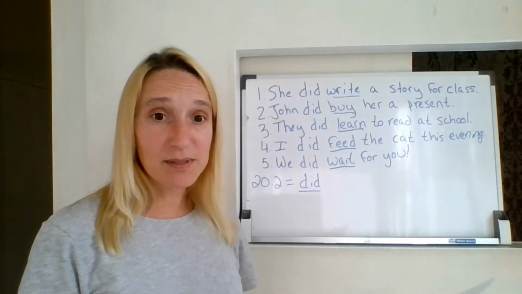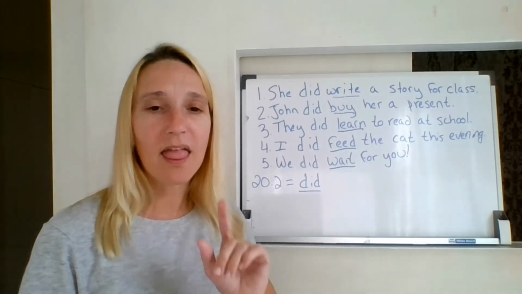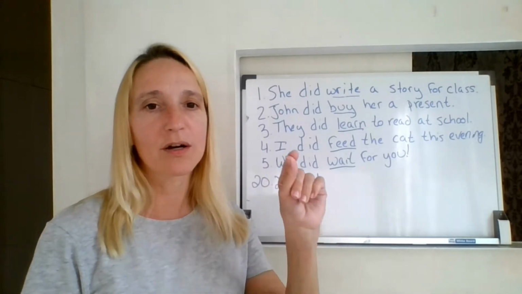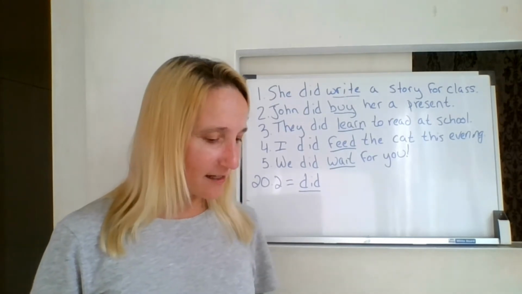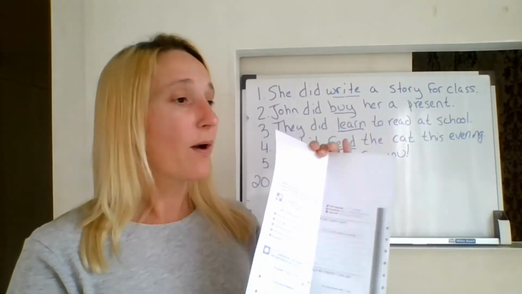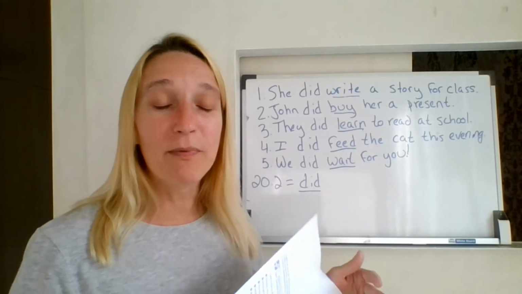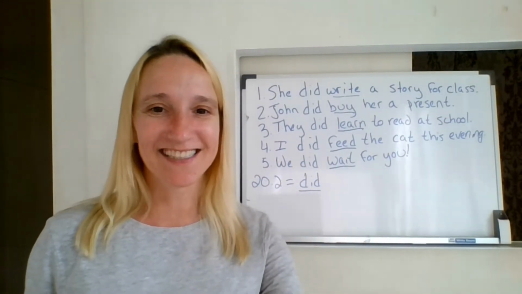And lastly, number 6, they did work hard at school. Okay, that is exercise number 20.1 and 20.2. How to do it, what the answers are, and I hope that you've learned something from this exercise, and let's move on to the next.